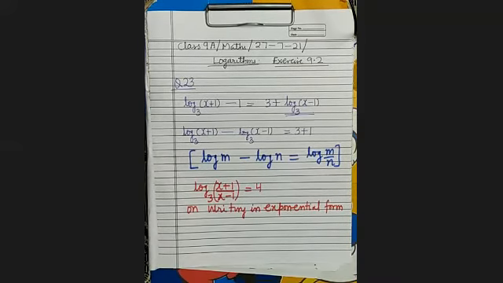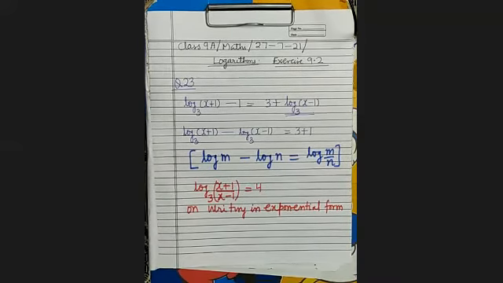So see here, it will be 3 to the power 4 equals to this. Means x plus 1 upon x minus 1 equals to 3 to the power 4.